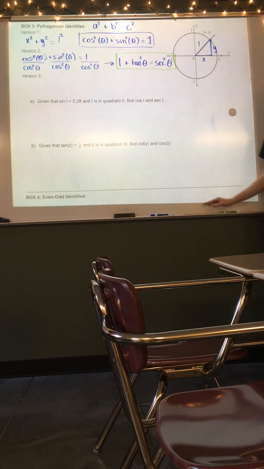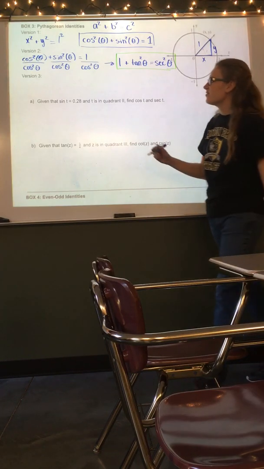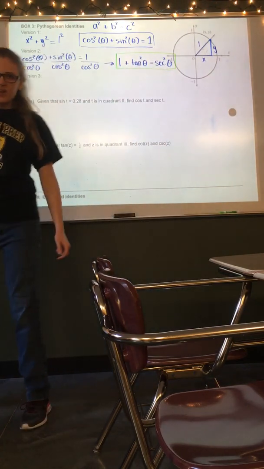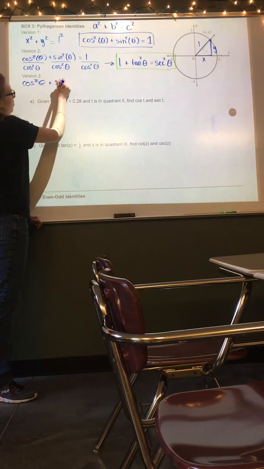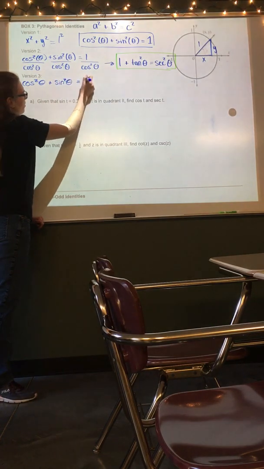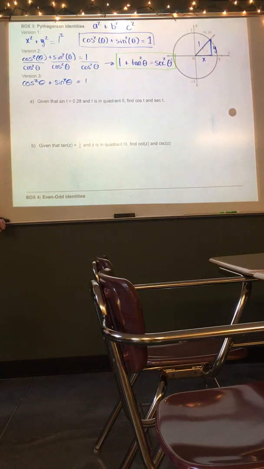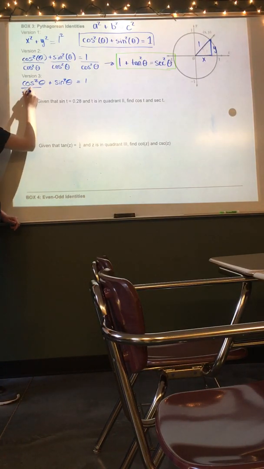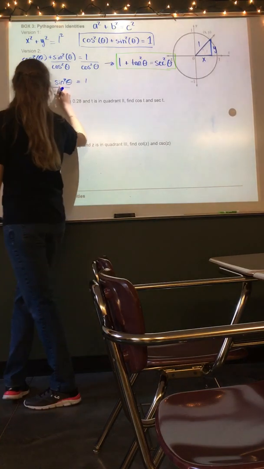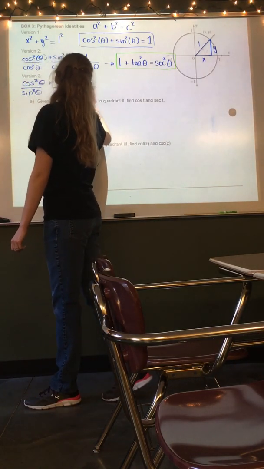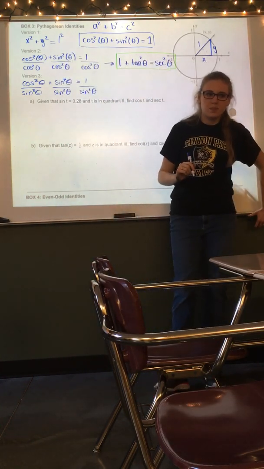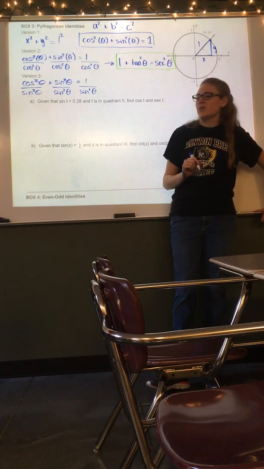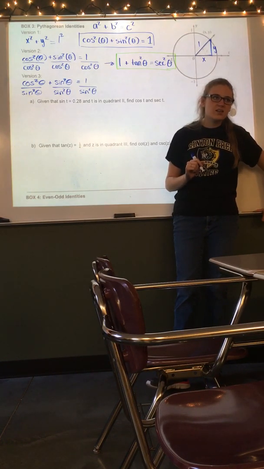What would you guess we do to find version 3? Divide by sine. Divide everything instead of by cosine. I'm going to start with version 1, cosine squared plus sine squared equals 1. Divide all of that now by sine squared, divided by sine squared, divided by sine squared. And what did we just say about cosine over sine?